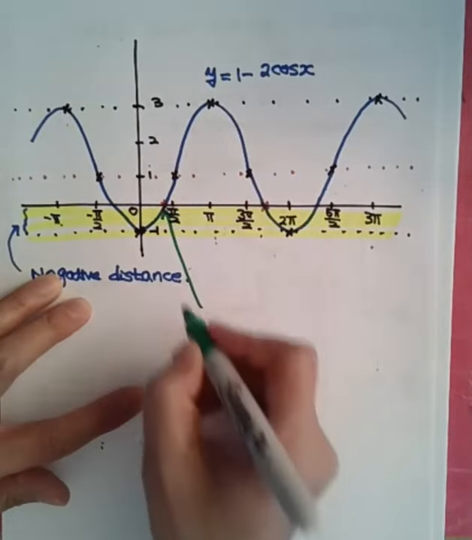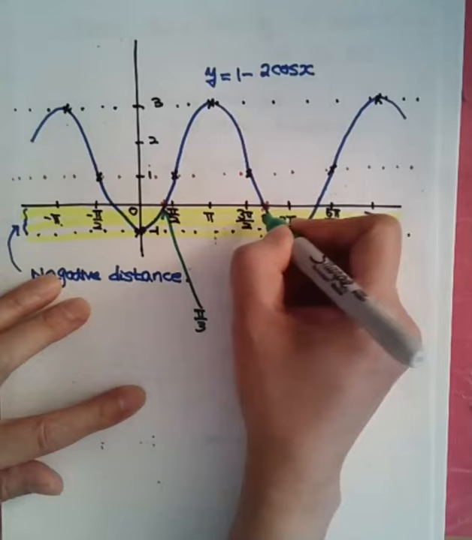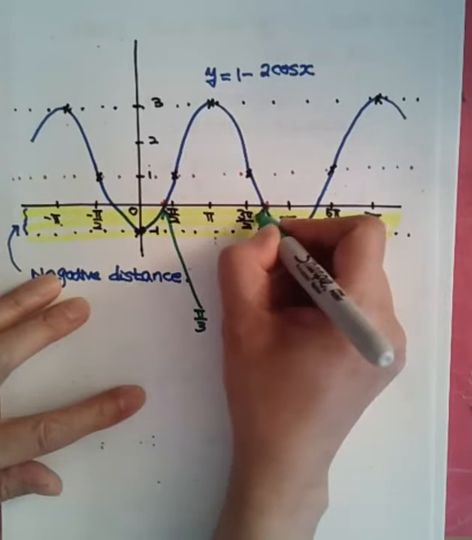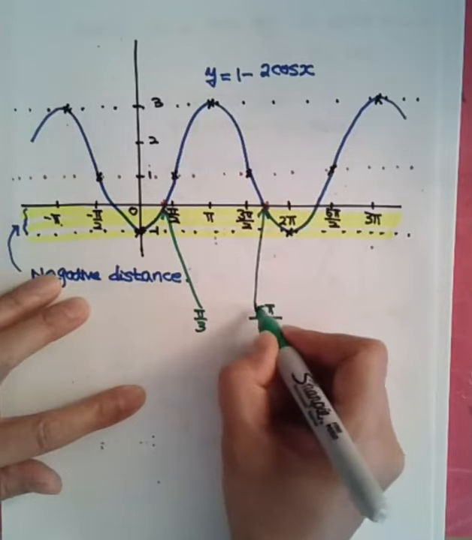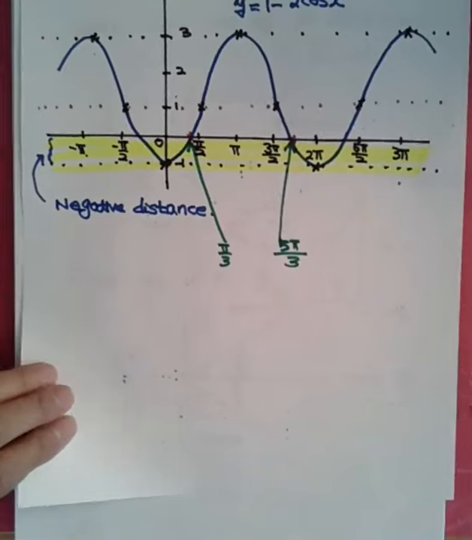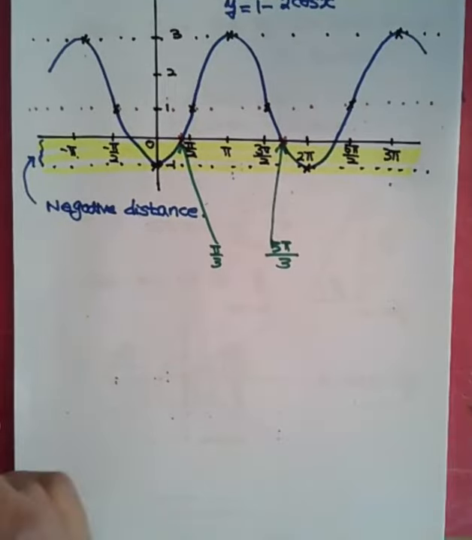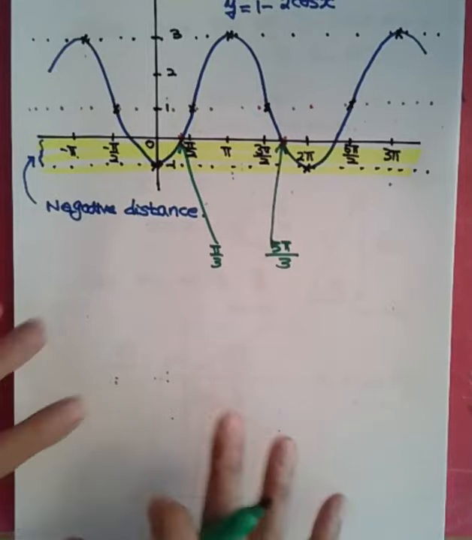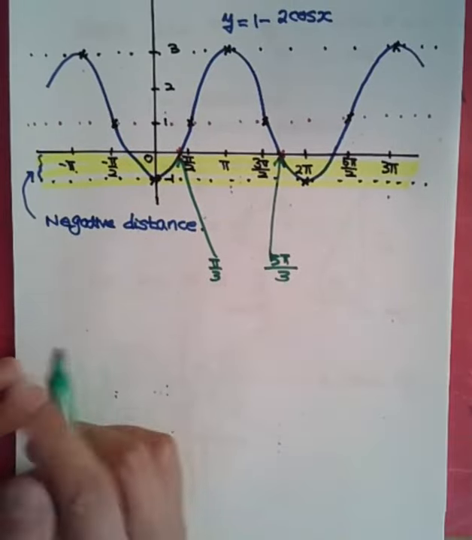So this one is pi/3 and this one is 5 pi/3. This determines the region where the function value becomes negative between 0 and 2 pi.